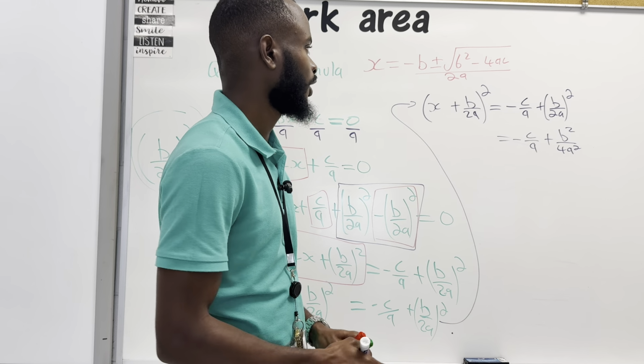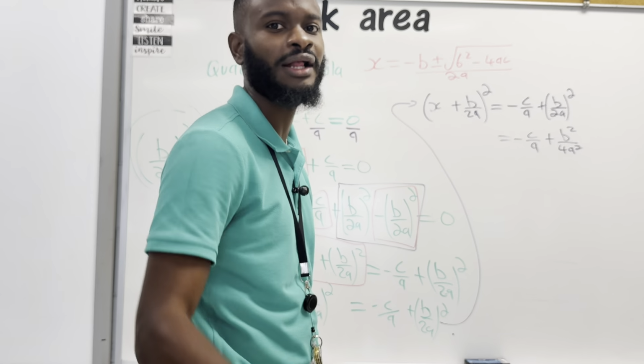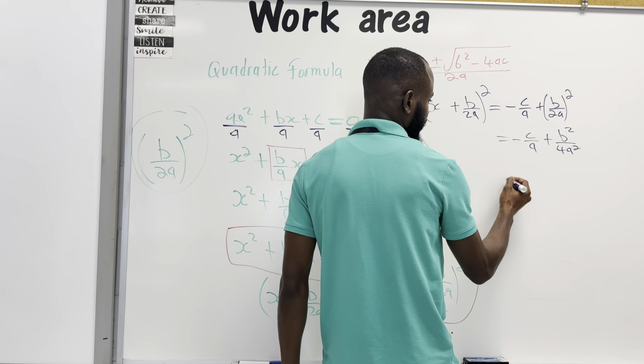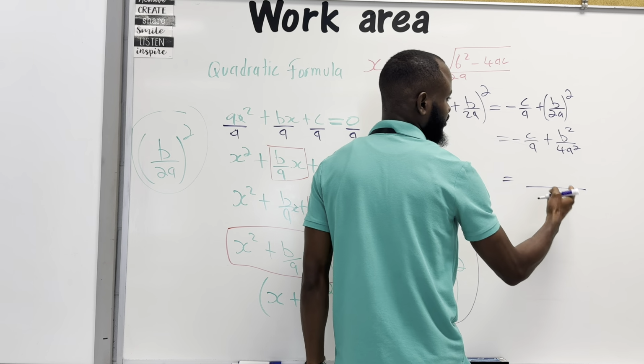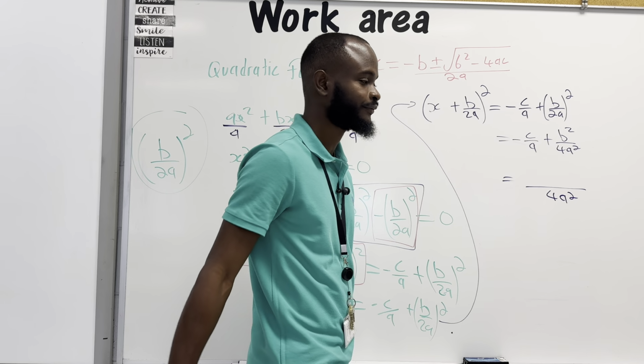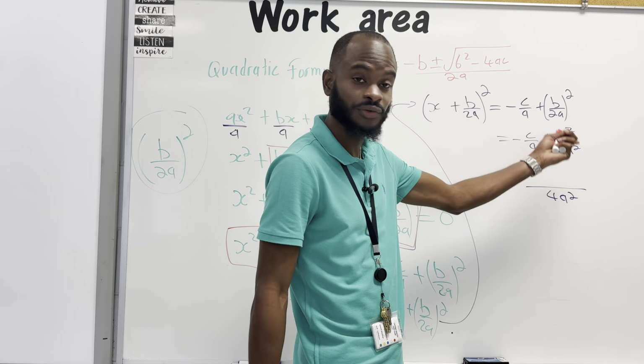And we got that. Now what we want to do here is to just add these two fractions, and we're going to use the LCM method to do that, right? So in the next line, we're going to have the LCM, which is 4a squared, because a can go into 4a squared, and 4a squared can go into itself.